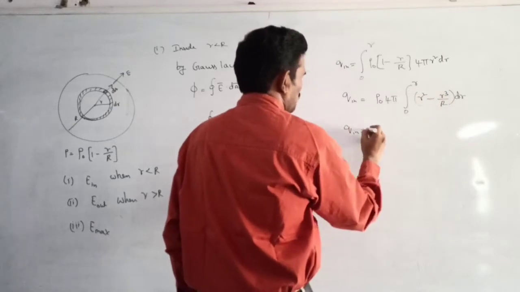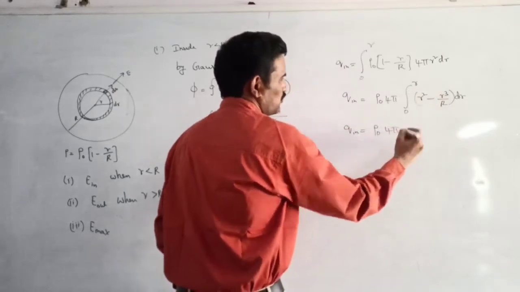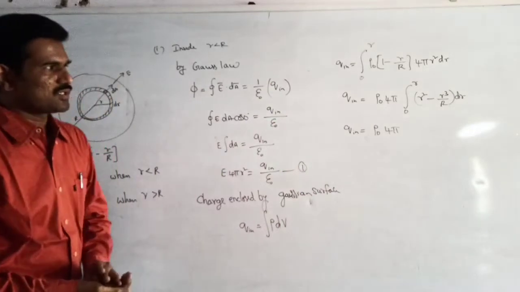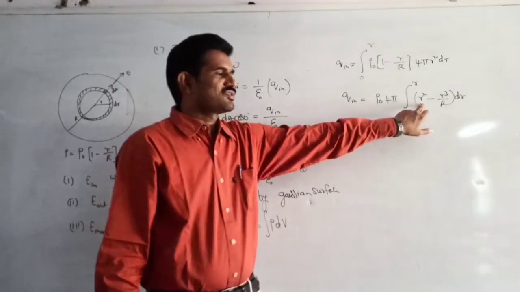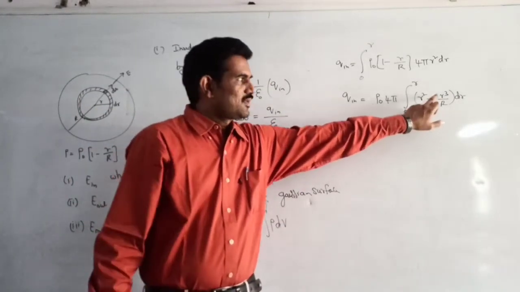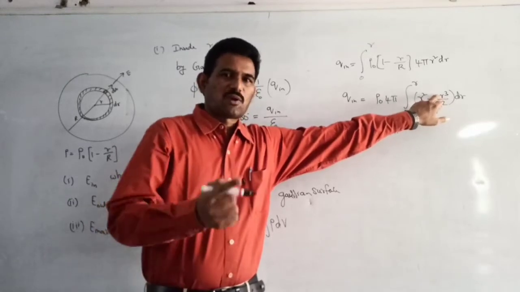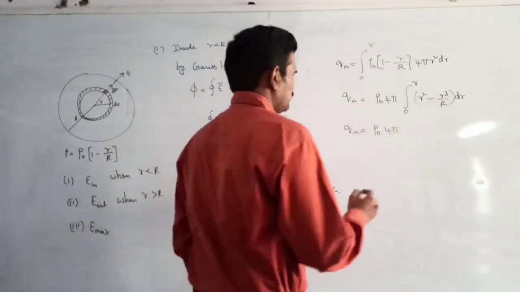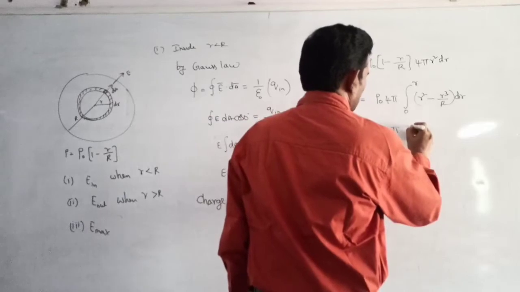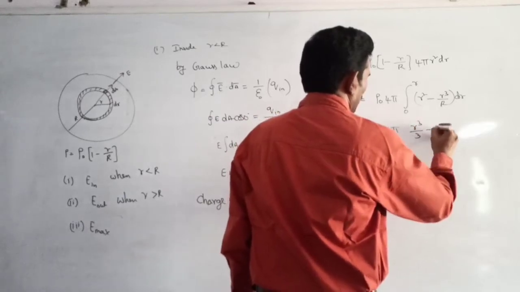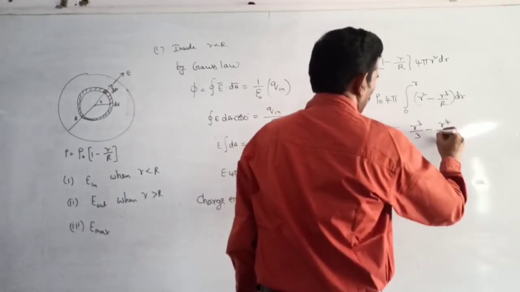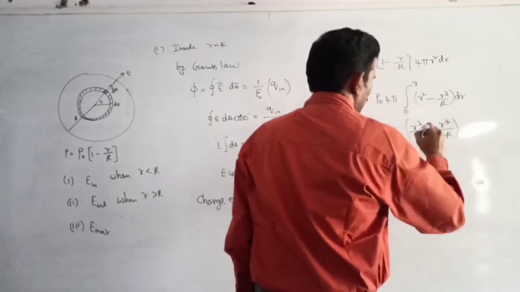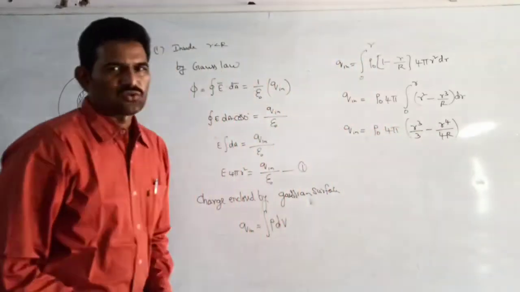So this Q enclosed is equal to rho naught into 4 pi, and the integration you can carry out here. The integration of r square is r cube by 3, and the integration of r cube is r power 4 by 4, right? So I can write this as r cube by 3 minus r power 4 by 4R. So now that is the charge enclosed there, right?